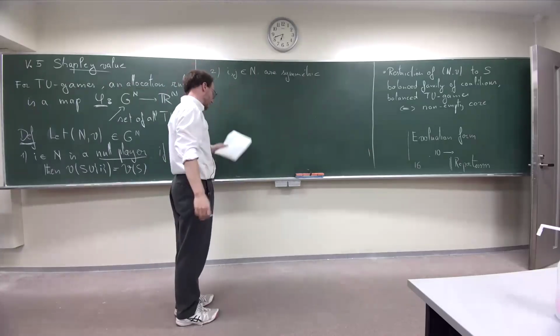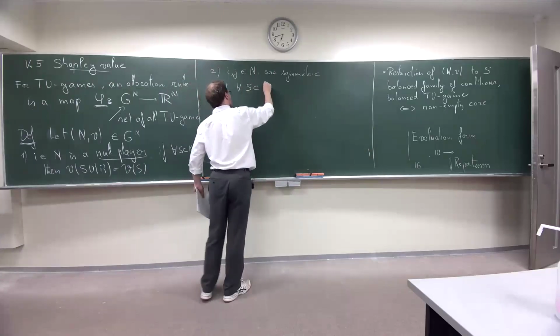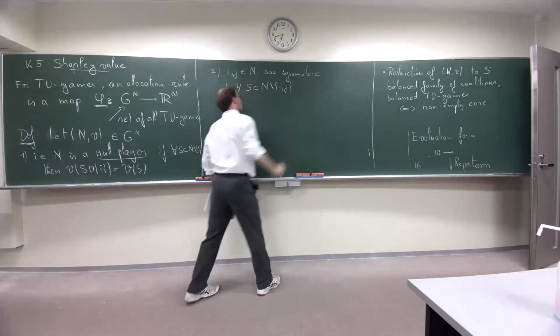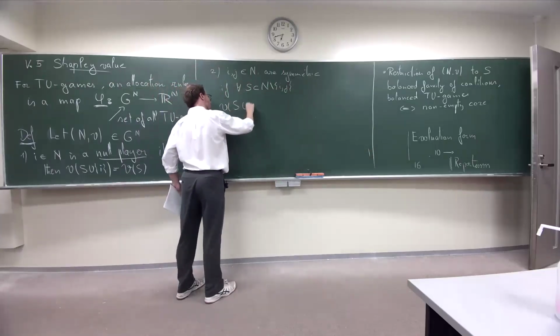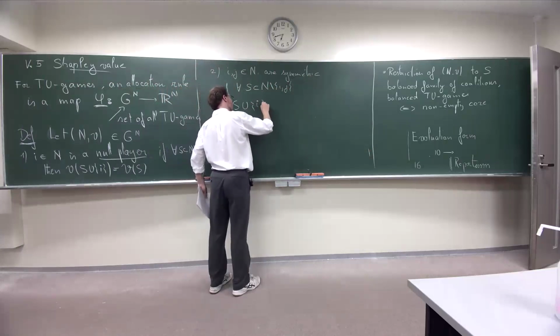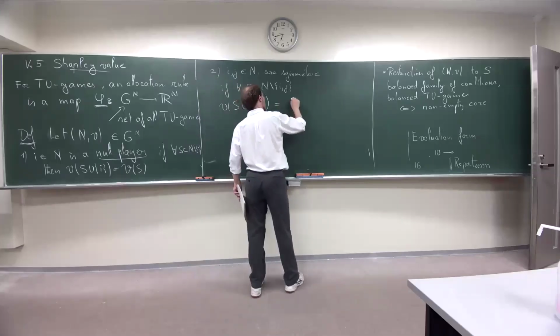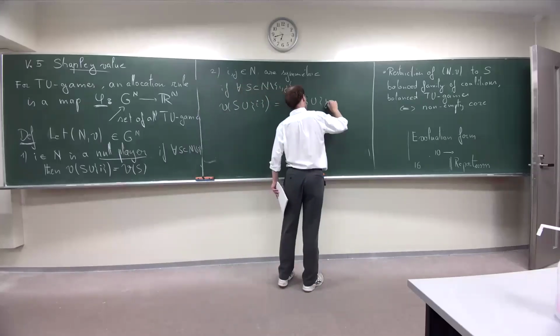So they are called symmetric if for any coalition S which doesn't contain these two players, the worth of this coalition together with player i is the same as the worth of the coalition together with player j.